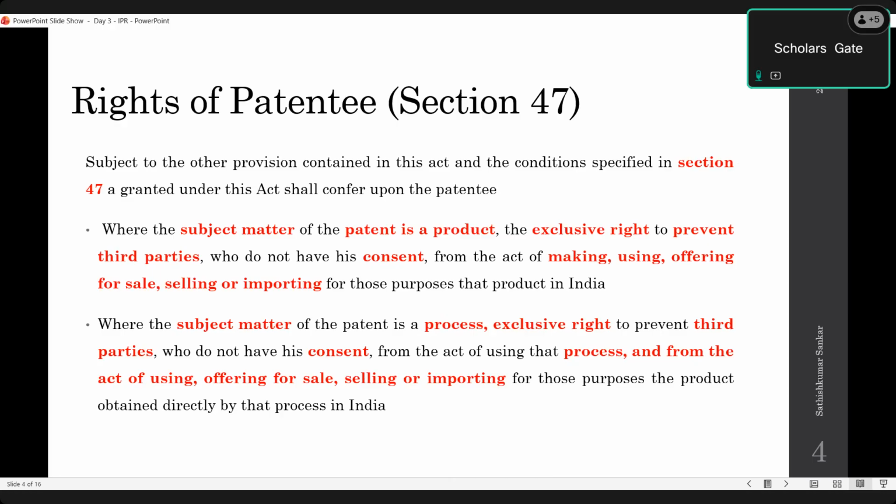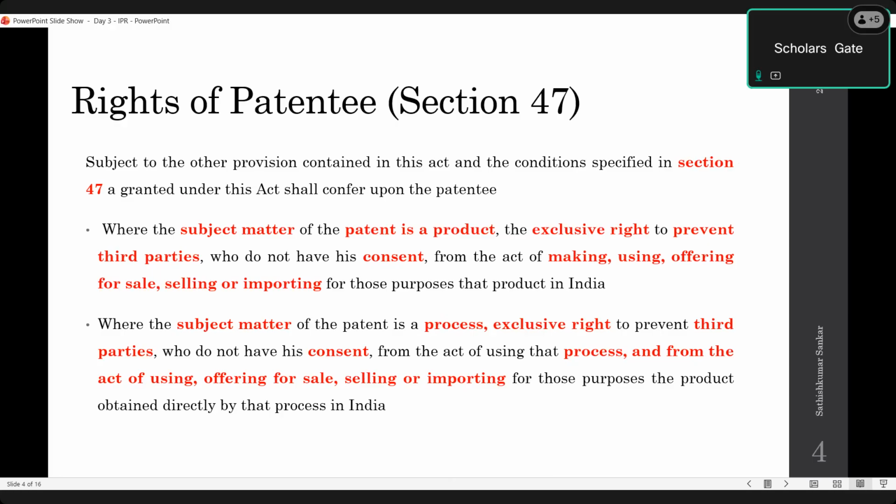So if that patent is granted, it may be a product or a process. It depends upon the patent. So the patentee has the rights to resell, offer for sale or import. The patentee holds those rights for up to 20 years.